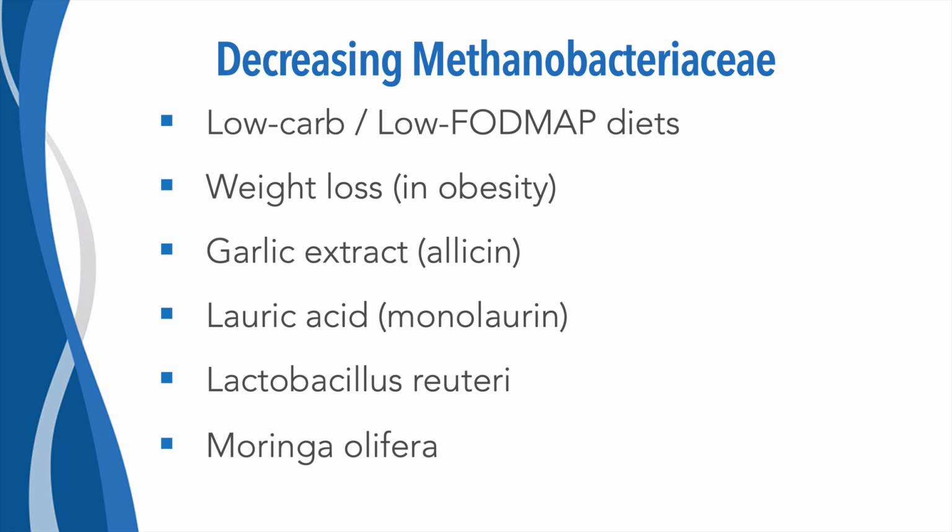And some of the ways that have been established to potentially do that include incorporating a low-carb or low-FODMAP type diet, weight loss, especially obviously in relation to obesity. Garlic extract, particularly the component allicin, has been shown to decrease methanogens. Lauric acid, also known as monolaurin, has also been shown to decrease methanogens, as has Lactobacillus reuteri, and then the botanical Moringa oleifera.